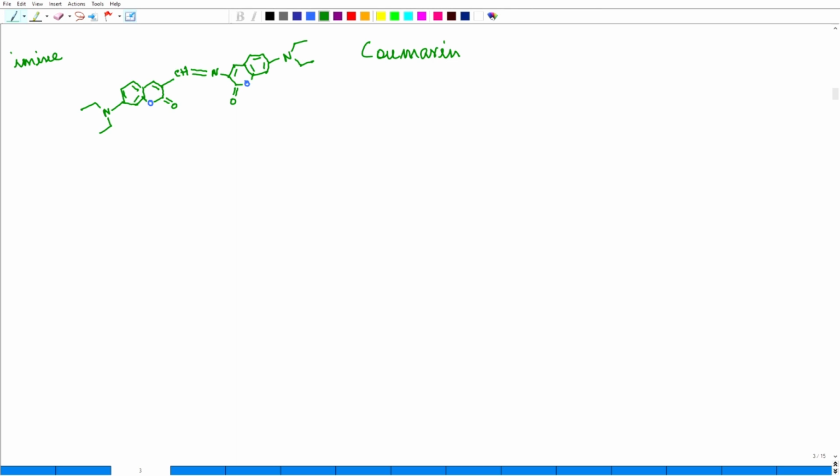Now what happens when I excite it? When you excite a molecule containing a double bond, just as an example, here I put Me, meaning a methyl group, and hydrogen here, and then hydrogen here and methyl here. So, this is cis.